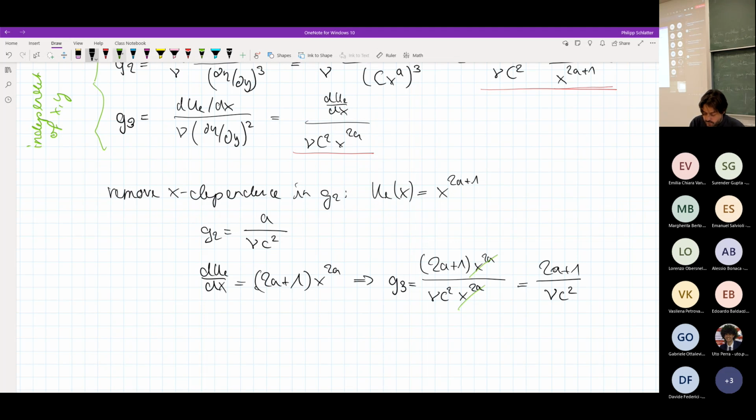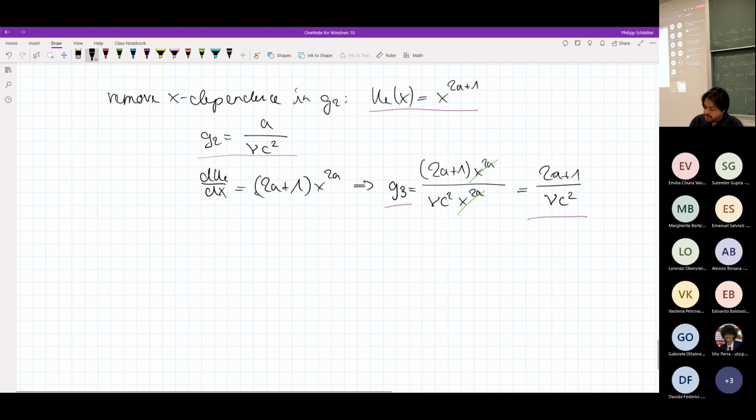So that means if my velocity profile is of this form, x to the 2a plus 1, then it turns out that G3 and G2, both of them become independent of x and y. And of course, that's exactly what I need to allow for a similarity solution.